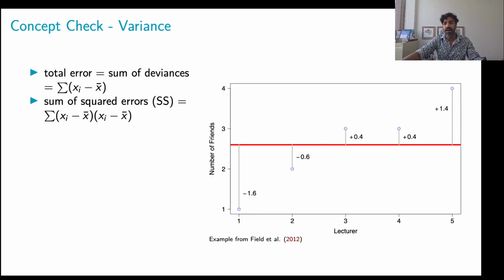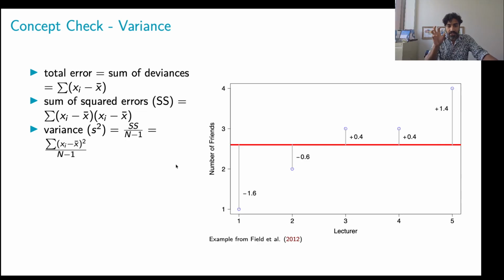We have 5 values here. If we got a 6th lecturer, that would also be higher automatically just by the fact that it's a squared value. So we said, how do we account for this fact that it keeps increasing with the number of people that we have? Well, if we divide this by the number of people that we have in our sample, or degrees of freedom, which is number of people minus 1, then we get the variance.